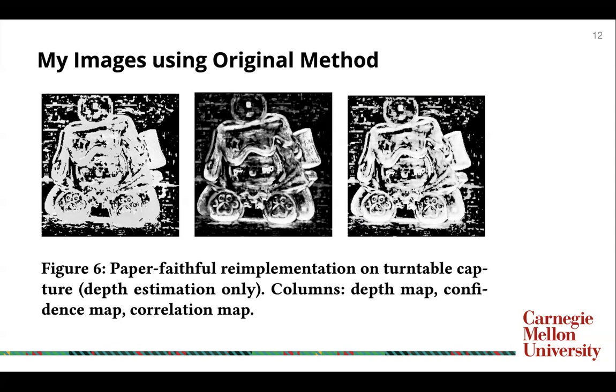So even though these depth maps and confidence maps do look sharper than using the turntable or than using the simplified method, it does take a very long time to run. And so I wasn't able to get a final 3D output using this method.